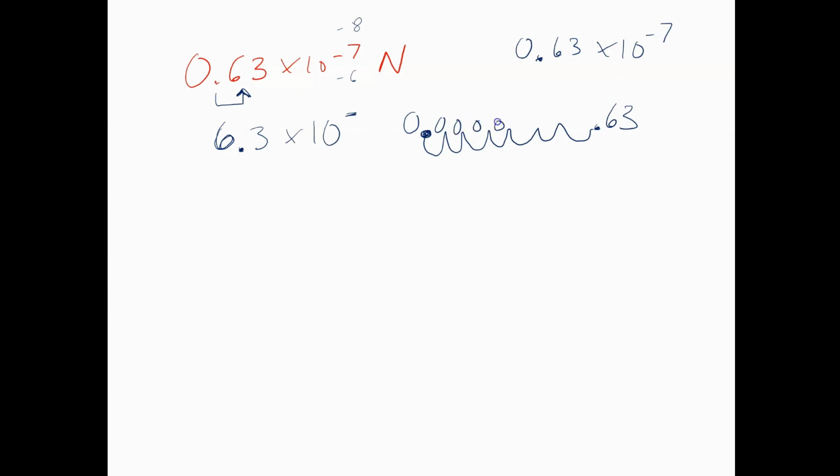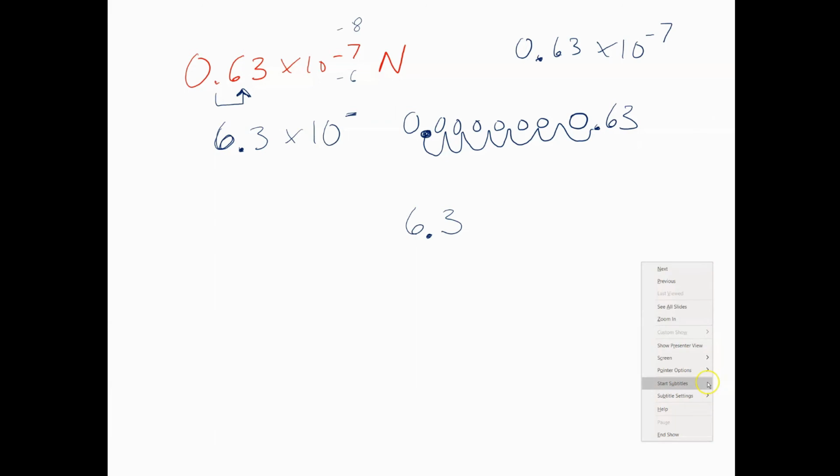I fill in the zeros here, and now I want to know, is this number right here, put in scientific notation properly, to the -8 or to the -6? So let's do that. We want 6.3. So this is the number we want to now put back into scientific notation correctly.